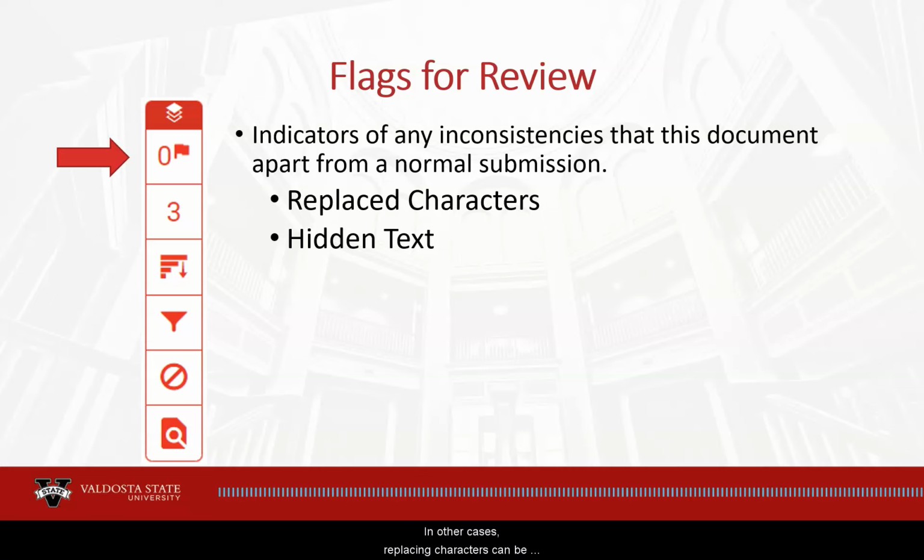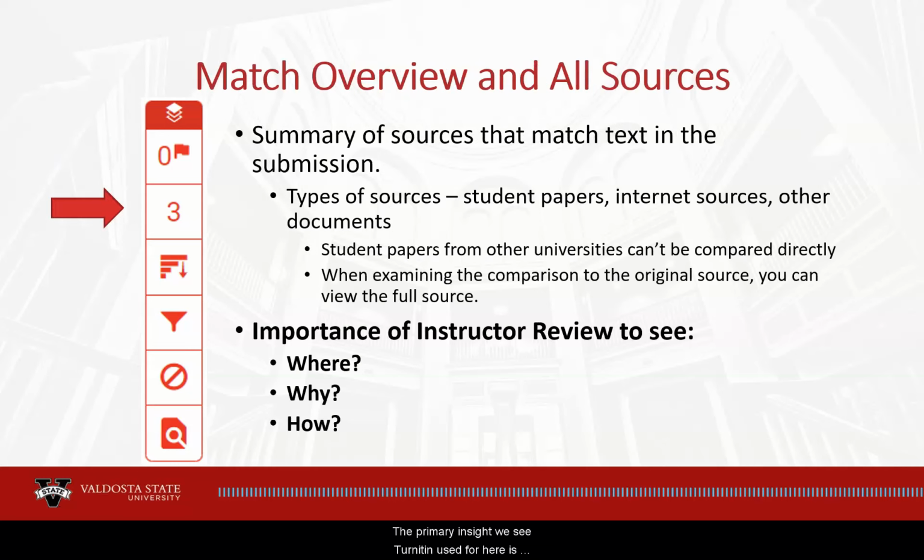In other cases, replacing characters can be an attempt to try to prevent a similarity detection. Hidden text can be a way to manipulate text to prevent similarity detection as well as skirting a word count requirement.